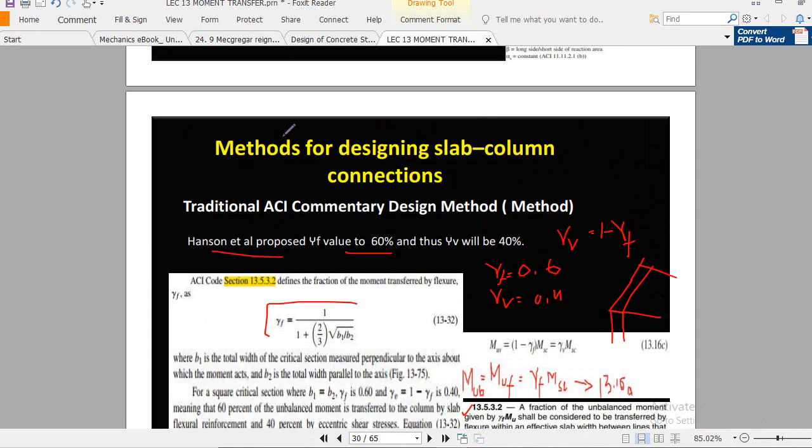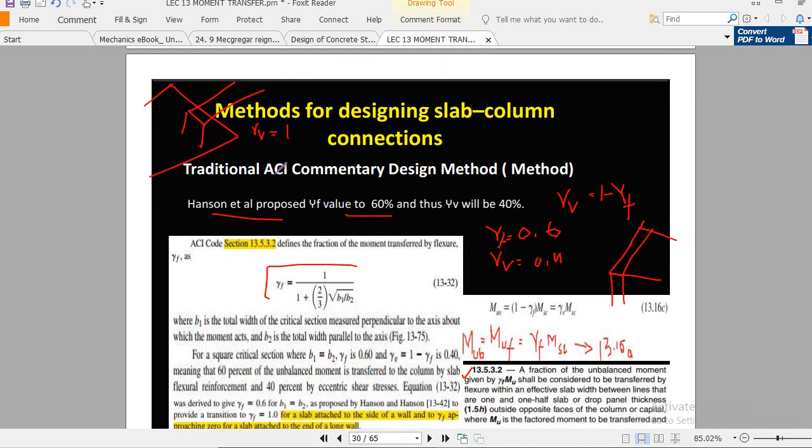But if the slab is attached to the end of the wall, in that case the whole moment is transferred by eccentric shear. In that case, gamma v will be 1, right, and gamma f will be 0, approaching 0.